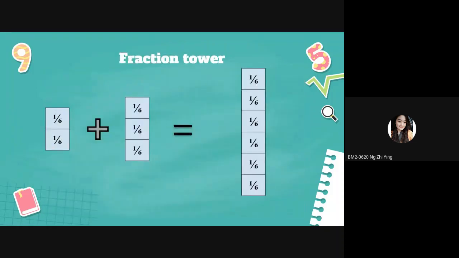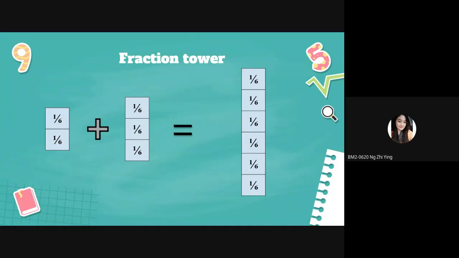So we will continue with the fraction tower. The fraction tower is made of interlocking cubes, which represent the different parts of a whole. For the addition 2/6 plus 3/6, we represent the fractions with the fraction tower first.